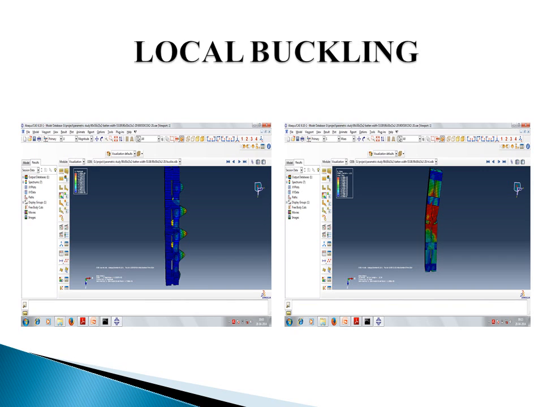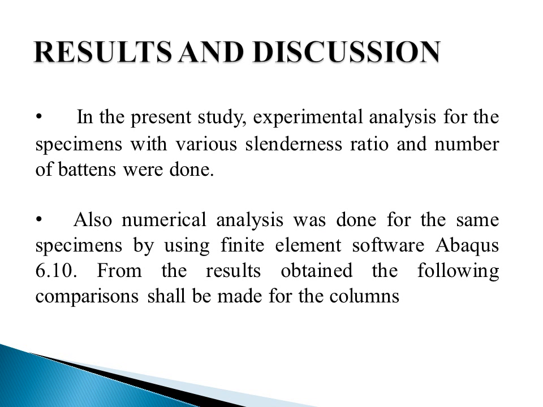First one is local buckling obtained from the buckling analysis, and next one is the failure mode of the column obtained from the nonlinear analysis. Results and discussion. In the present study, experimental analysis for the specimens with various slenderness ratio and number of battens were done.